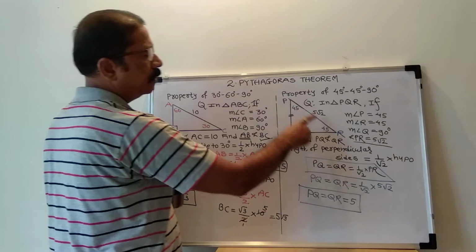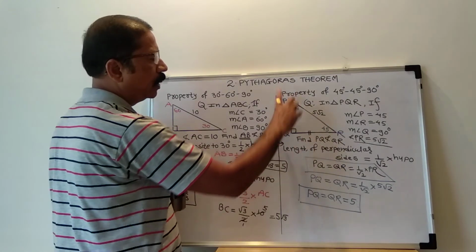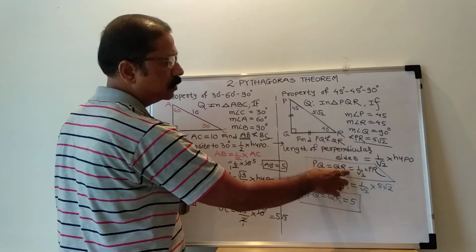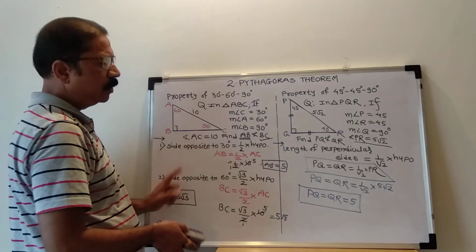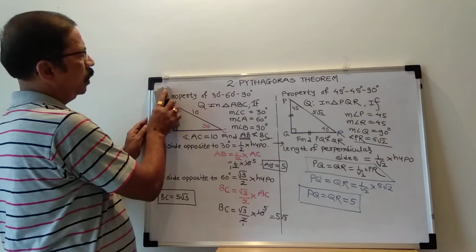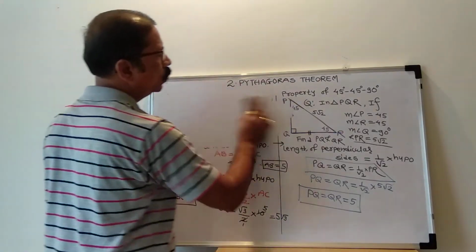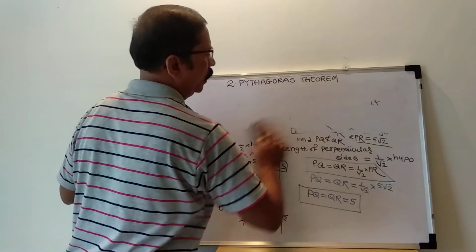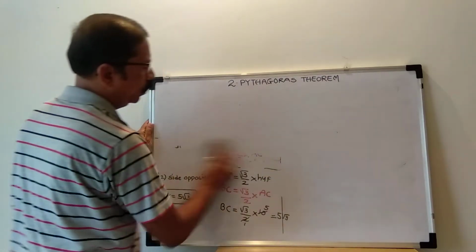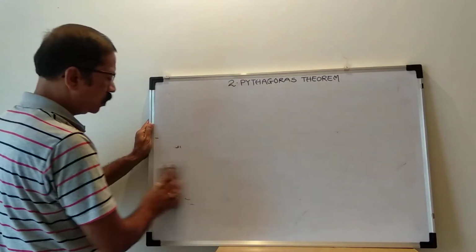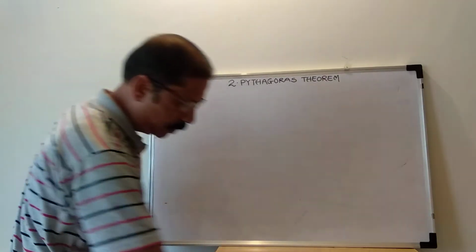And if the angles of a right angle triangle are 45, 45 degree and 90 degree, then the length of perpendicular sides is equal to 1 upon root 2 times the hypotenuse. And two sums we learned. Now, take a few more sums related to these two properties. For practice, we will take two more sums so that your concept will be clear.